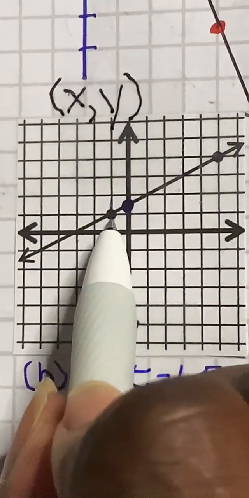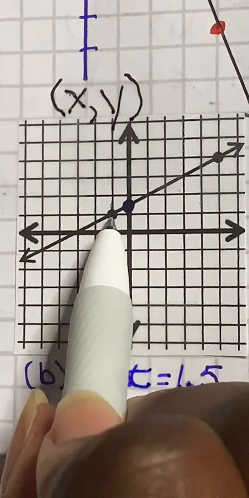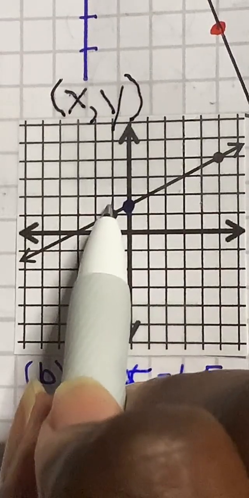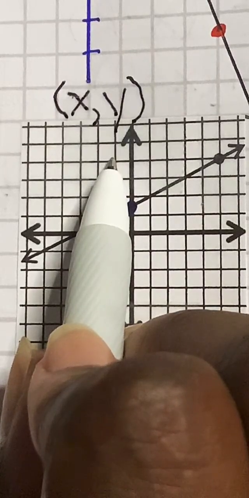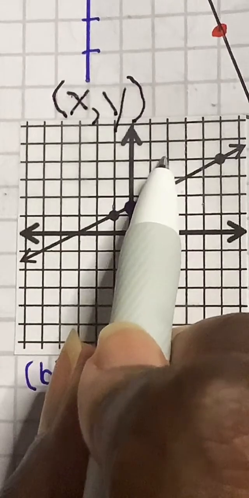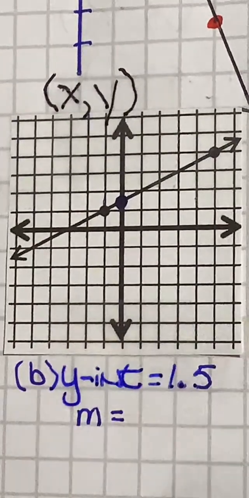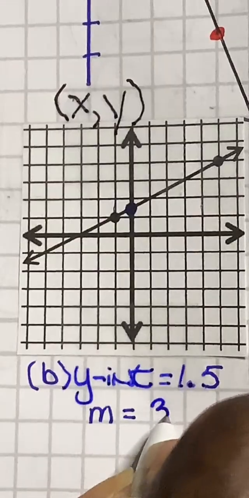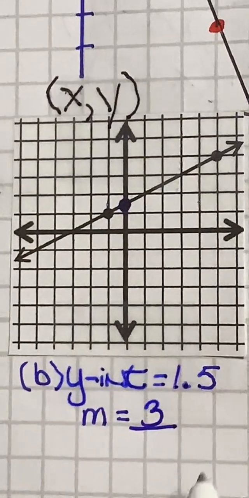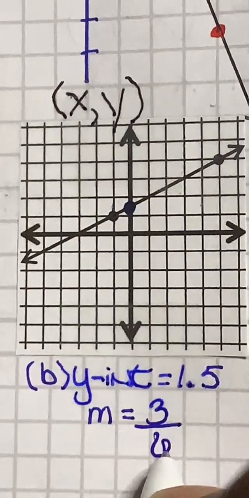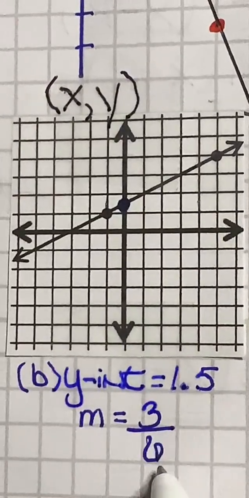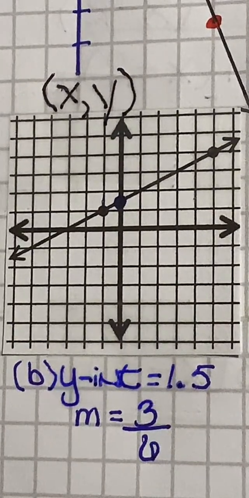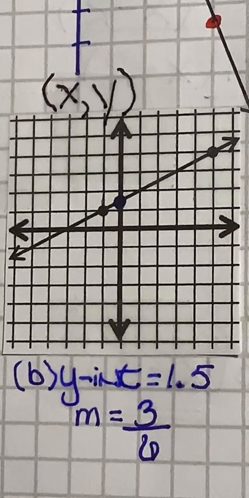So I start at the point that they gave us, and I count up 3 full steps, and then I go over 6. So my rise is a positive 3 because I'm going up 3, and my run is a positive 6 because I ran to the right. But 3 over 6 can be reduced.